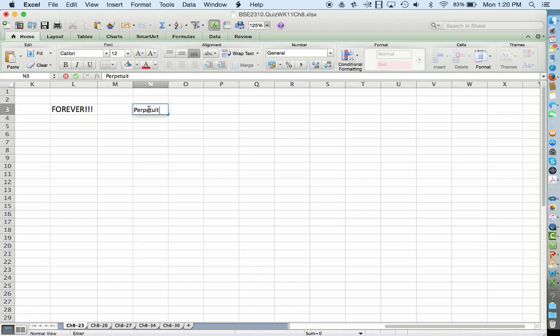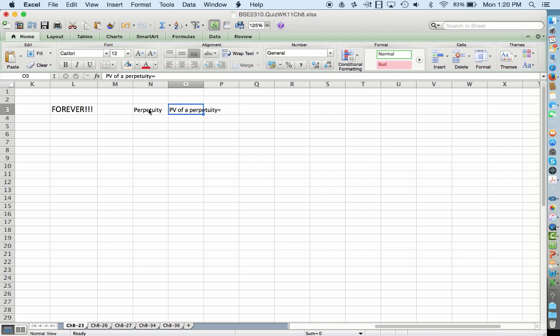To calculate the present value of a perpetuity, remember, we can't calculate the future value of a perpetuity. Because if the dollars go on forever, I don't know how many of them there are, so that concept doesn't apply.